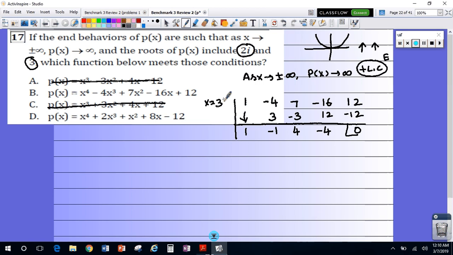So we got that x equals 3 is a root for the second polynomial, right? So option B is the right one. We need not even check option D.